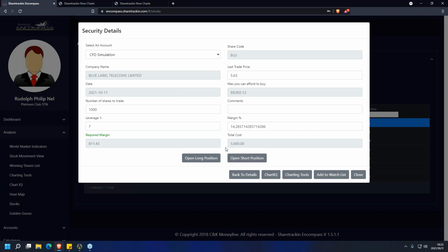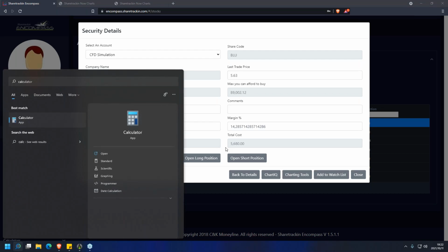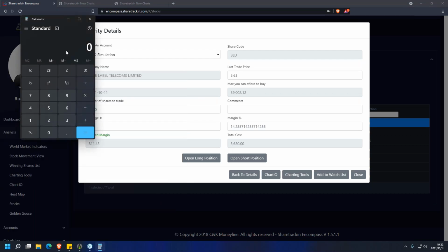So if we quickly take a calculator and work that out, it's 5,680 minus the 50 Rand, which is your brokerage, then taking your 811 Rand and 43 cents, and that would be what the bank is lending you on top of your 811 Rand.